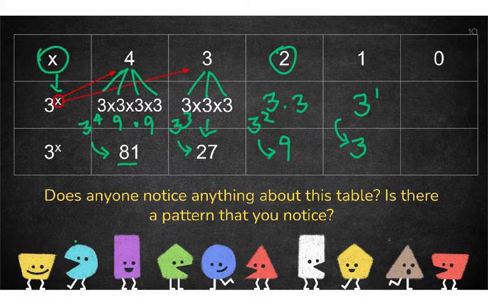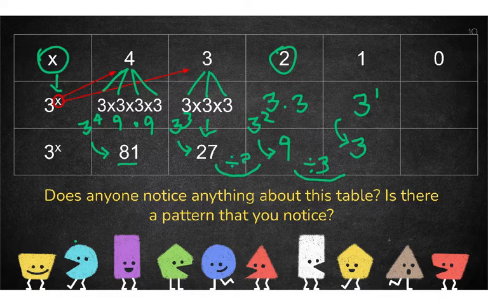So then I asked students, hey, do you guys notice any patterns here? And a lot of students said, well, I see that it's decreasing. Absolutely. How is it decreasing? One student said that they noticed there was something about 3, because they knew that when I go from 9 to 3, I was dividing by 3.